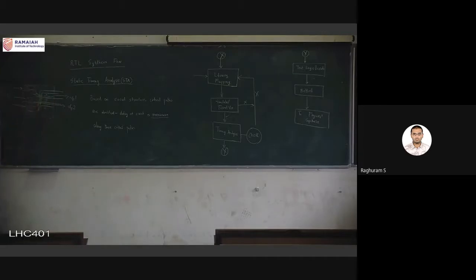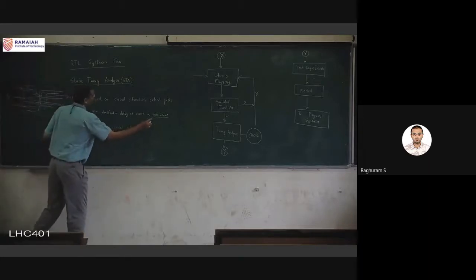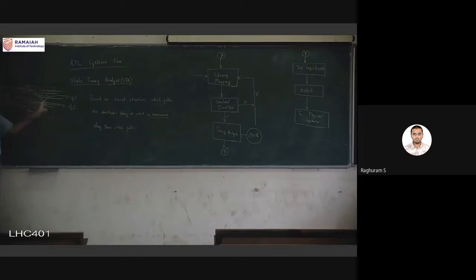In this diagram, I don't have any other colored chalk, but if you see closely, there are 4 paths. Which of these is the critical path? The paths will be identified by the static timing analysis tool, and it also has to identify which is the critical path. That is the easy task. The path along which the delay is maximum.